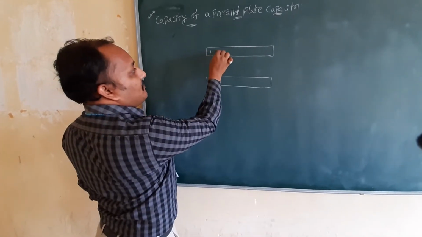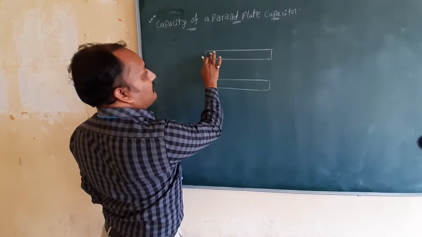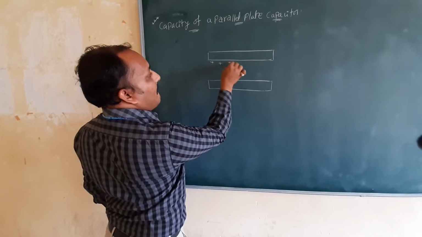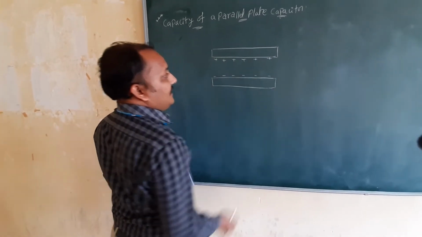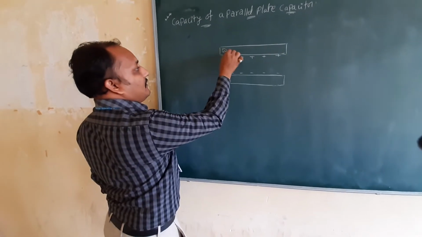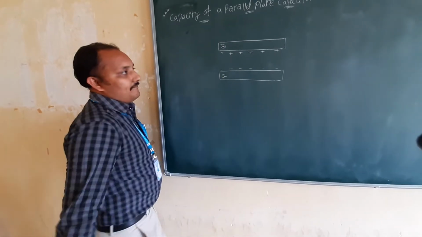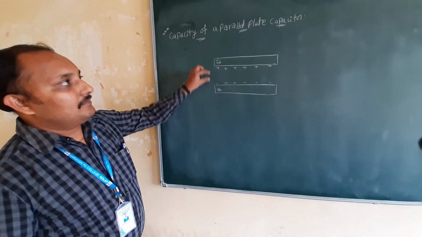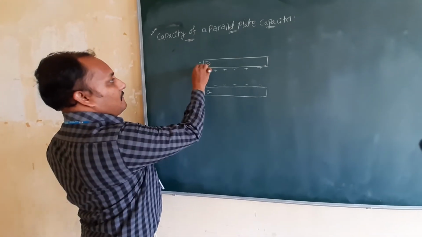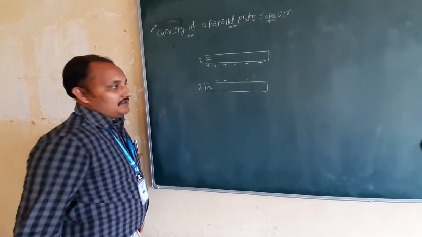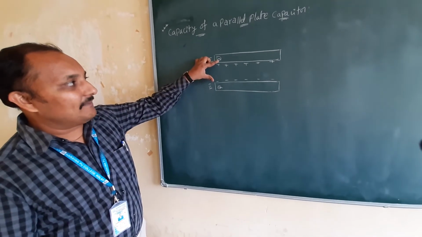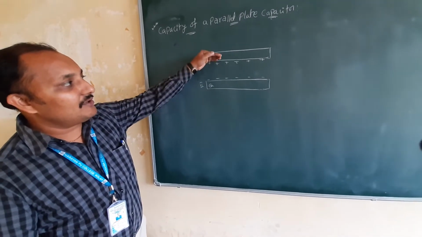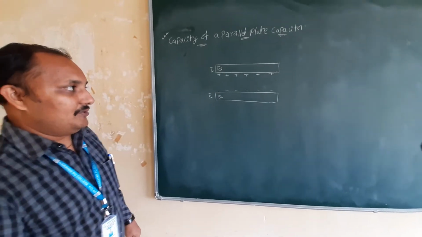So one is positively charged, another one is negatively charged. So 2 metal plates. This is one, this is two. Now, whenever we are taking 2 parallel metal plates, what is the capacity it is going to produce?